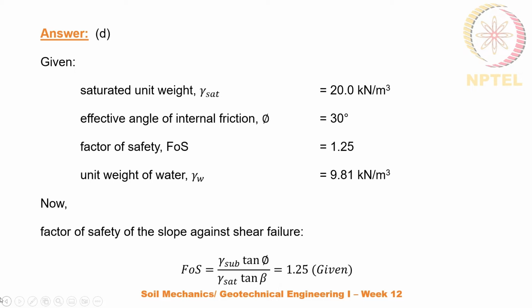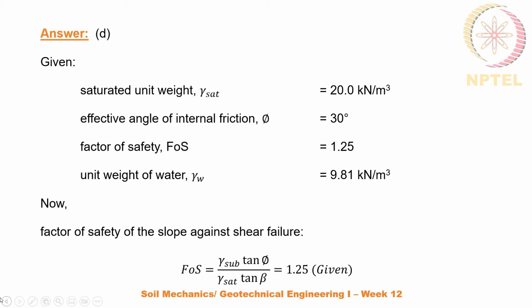So, as we saw in the first question, factor of safety of the slope against shear failure for a submerged slope is given by gamma sub into tan phi by gamma sat tan beta. This value is given as 1.25. That is, our required factor of safety is 1.25. We are given all the other values except beta. So, beta we are asked to find out, that is a safe slope that is required to obtain a factor of safety of 1.25.